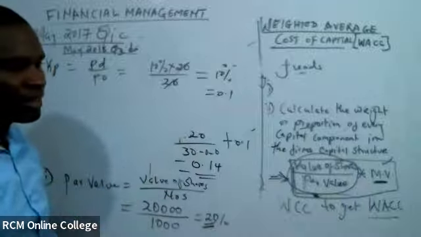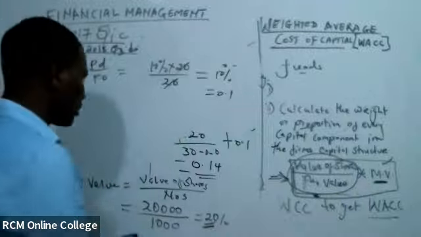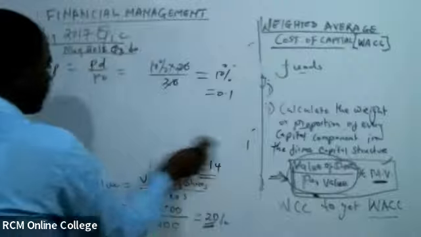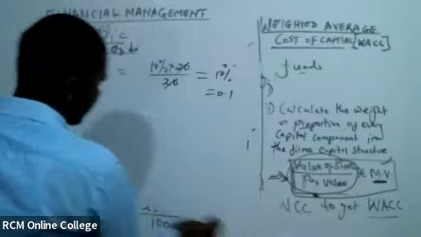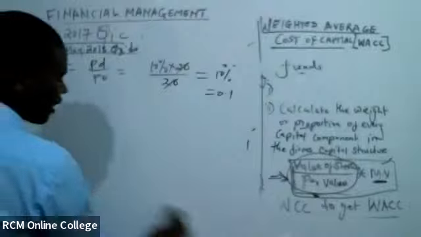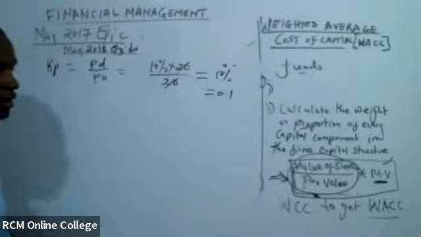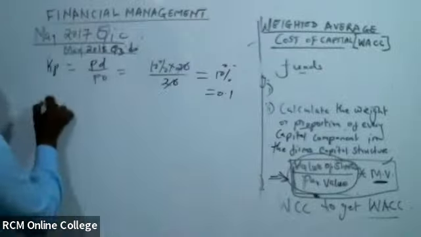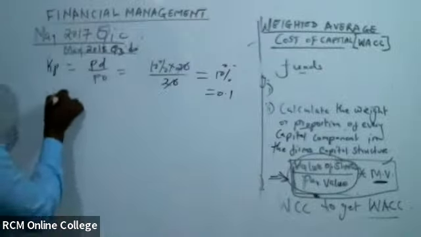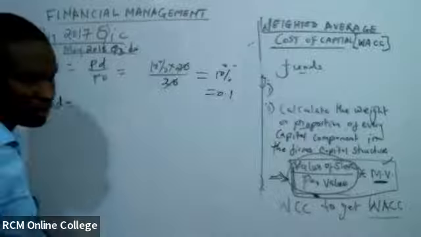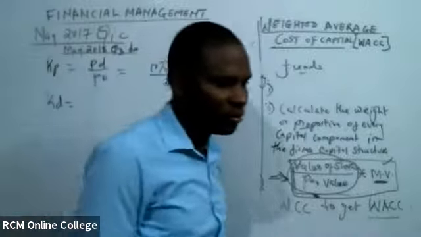Let's now move on to getting the KD. Remember, those are the three component costs that we have here. So let's get the KD. And before then, class, can you tell me, are we dealing with the redeemable or irredeemable debenture? KD, ili nijue kwamba, am I going to use which formula? Redeemable or irredeemable?